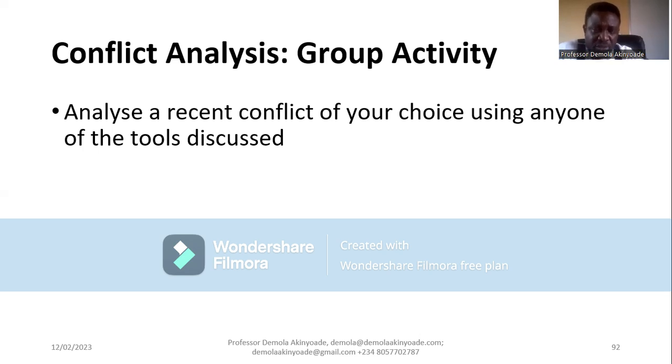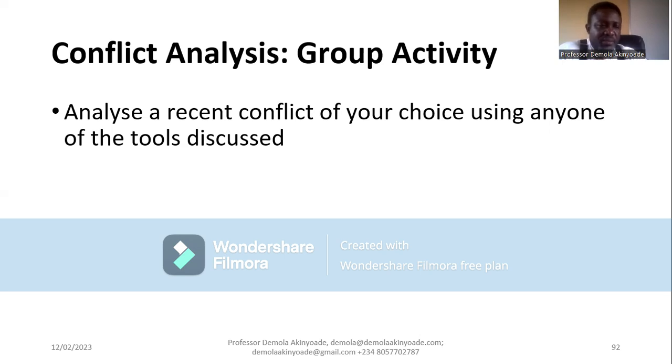So you have picked a conflict case, you have identified issues, and you have used conflict tree to do it. To complete the whole conflict analysis, you now pick another tool to look at actors, another tool or multiple tools to look at the other elements, as the case may be.